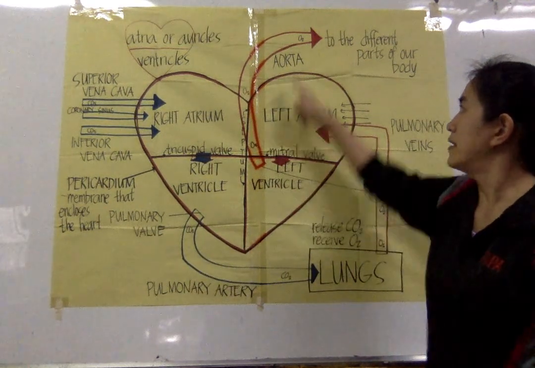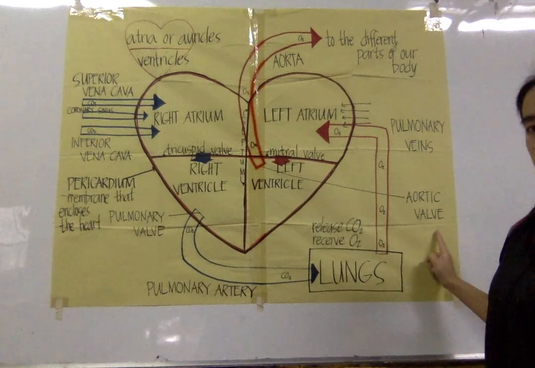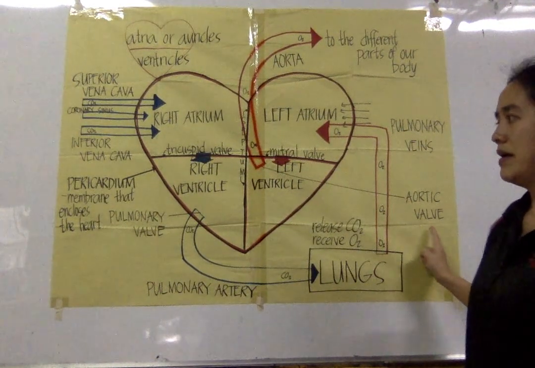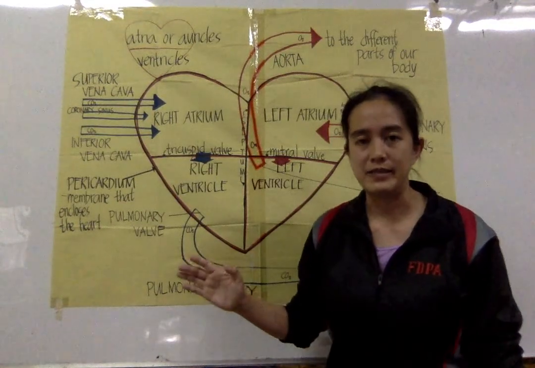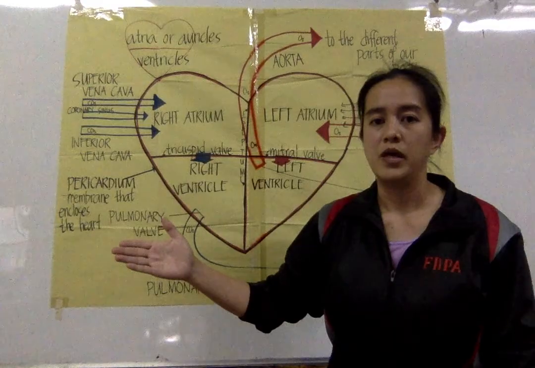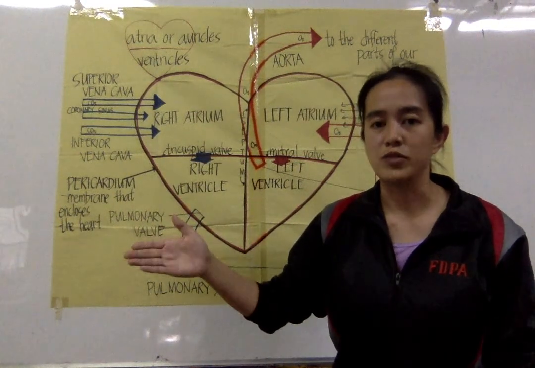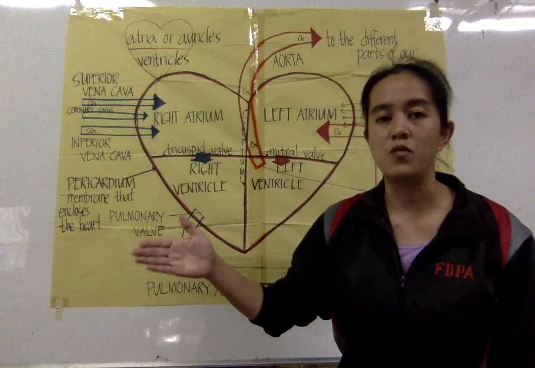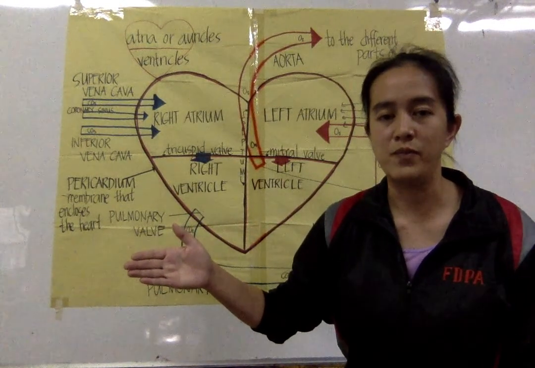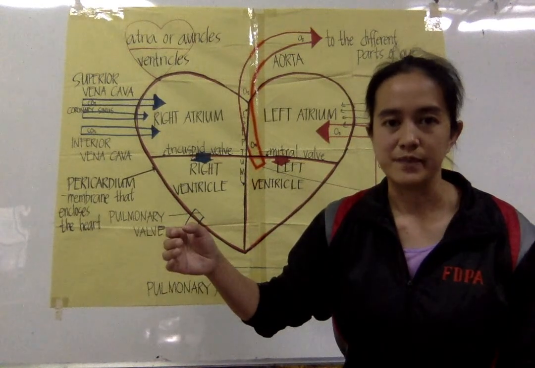Between left ventricle and aorta, this valve here is called aortic valve. Valves are like gates that can open and close. They open, allowing the blood to flow, and then close to ensure that there's only one-way flow of blood, so that blood will not flow backwards.